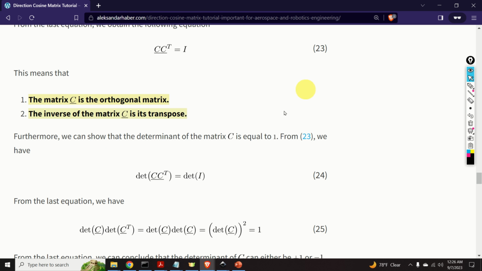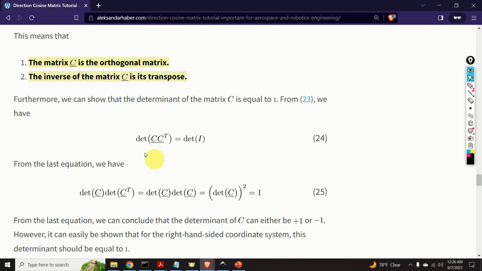From this equation, we obtain determinant of C times C transpose is equal to determinant of the identity matrix. From this equation, we obtain that determinant of C times C transpose is actually the product of the determinants, and we know that the determinant of a transpose matrix is actually equal to determinant of the original matrix, and we obtain that determinant squared is equal to 1.